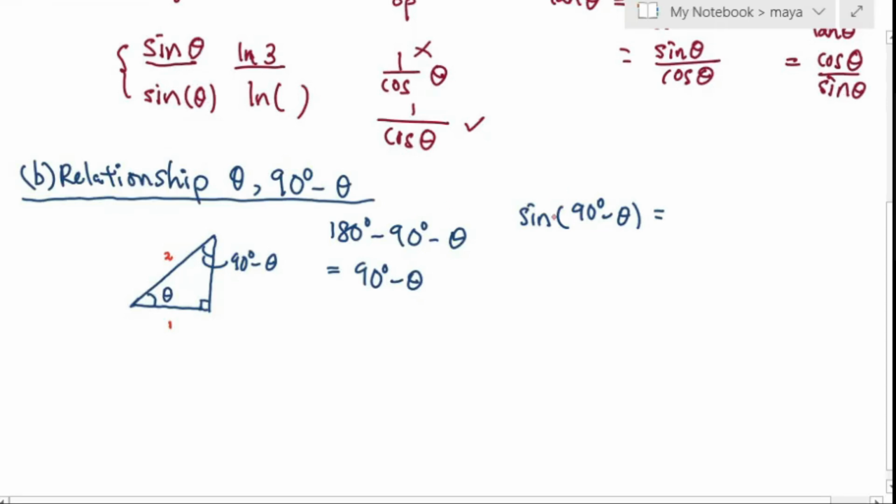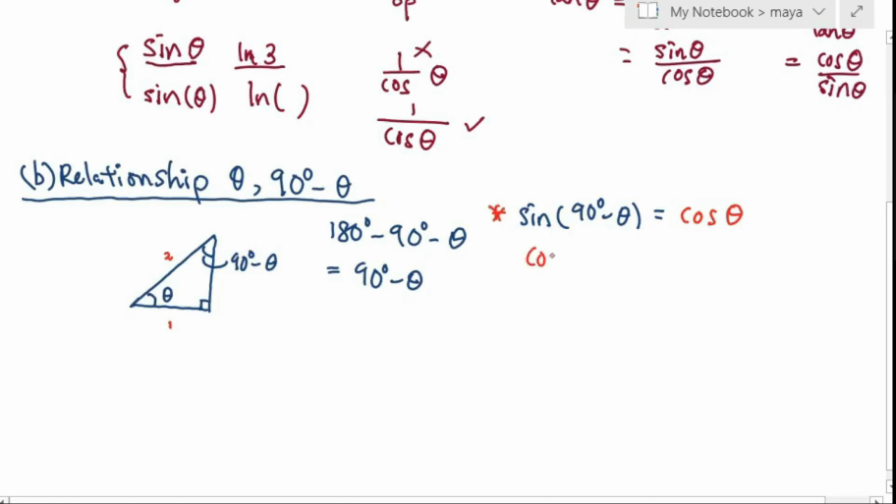So actually it is equal to cos theta, because if I take cos theta, I will refer to this theta, cos adjacent over hypotenuse, 1 over 2. So sine will equal cos. This is the first relationship.